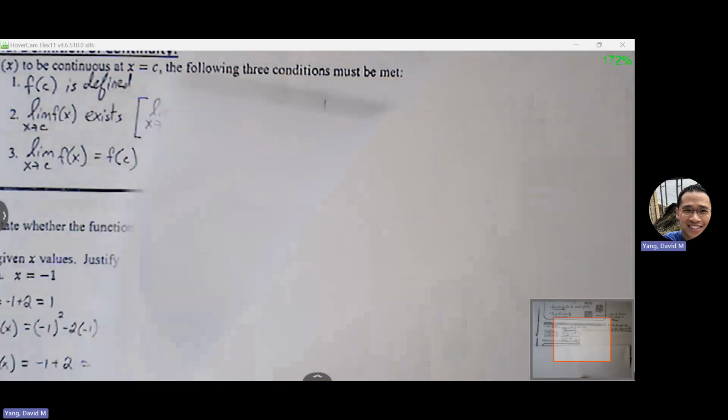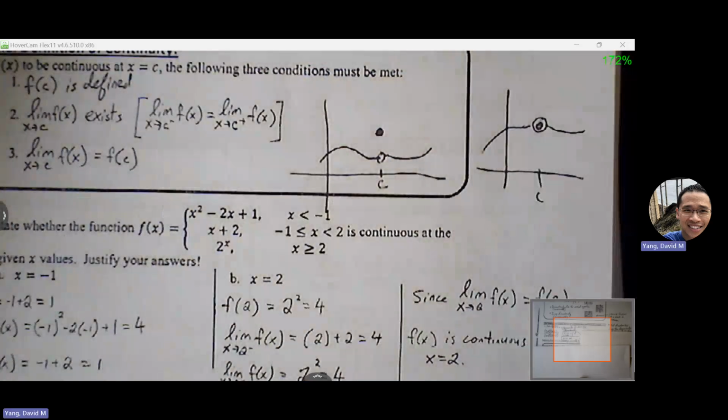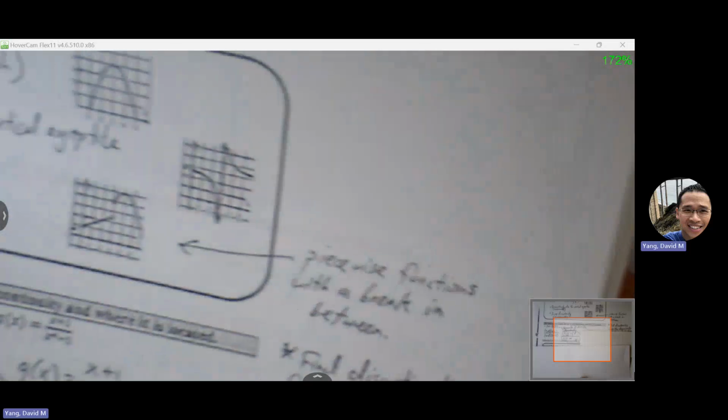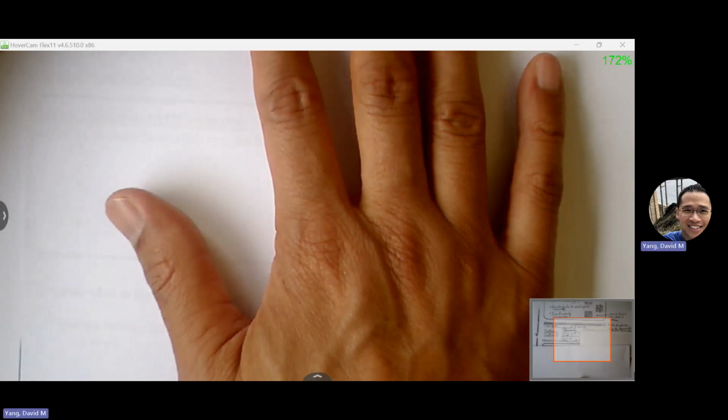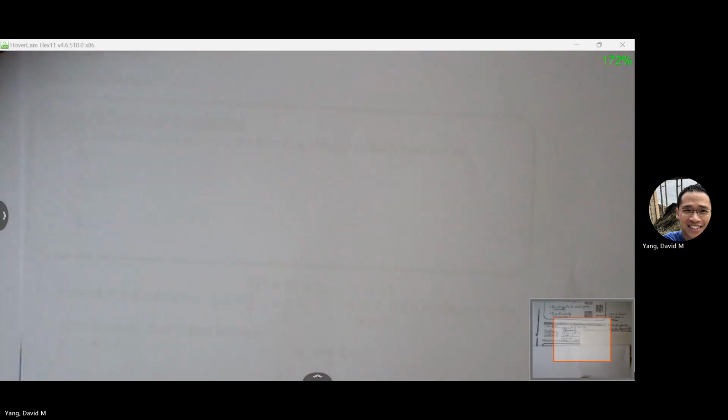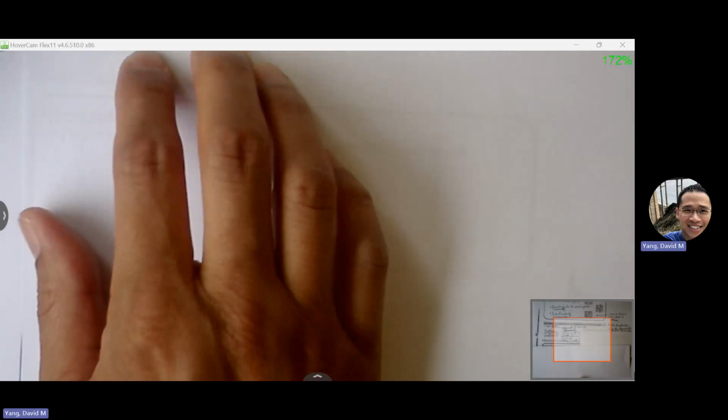So let's look at example 1, where we're going to walk through our continuity conditions as we determine whether a point is continuous or not. I'm going to put this on a separate sheet just so I can have enough room, but we're just looking at number 1 below.